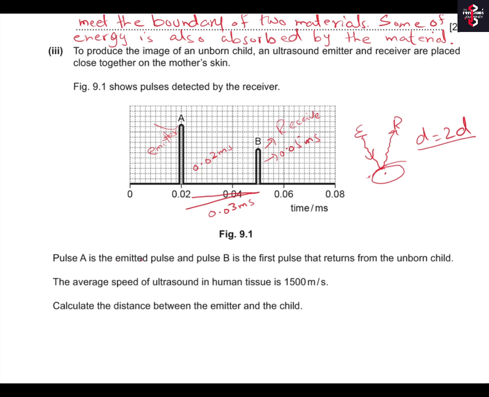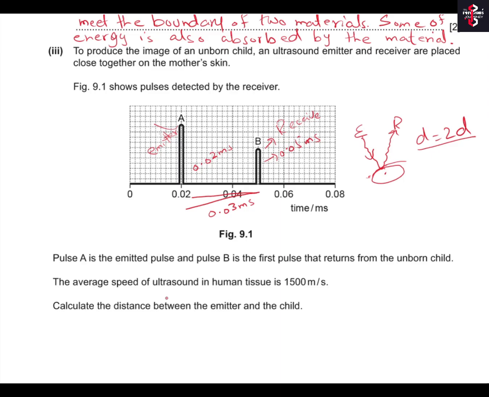Pulse A is the emitted pulse and pulse B is the first pulse that returned from the unborn child. The average speed of ultrasound in human tissue is 1500 meter per second. Calculate the distance between the emitter and the child.